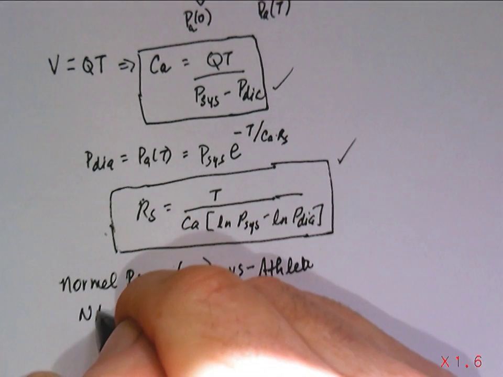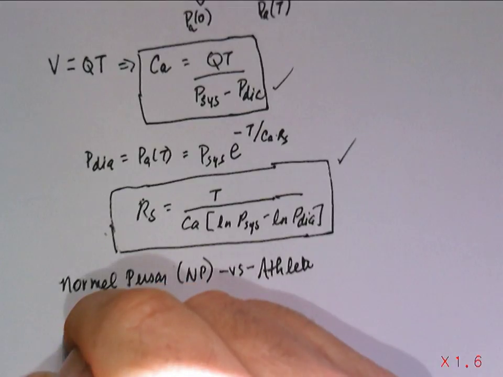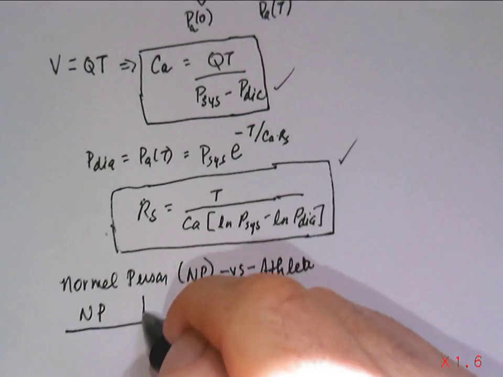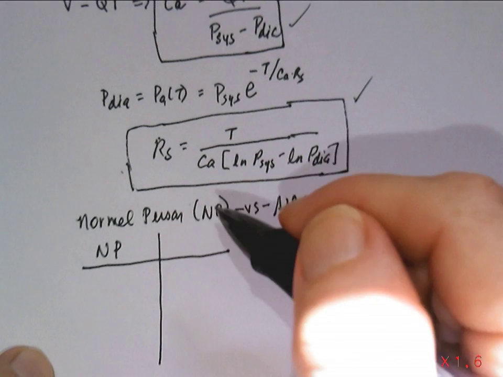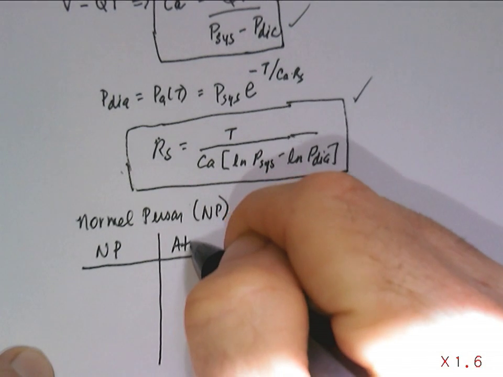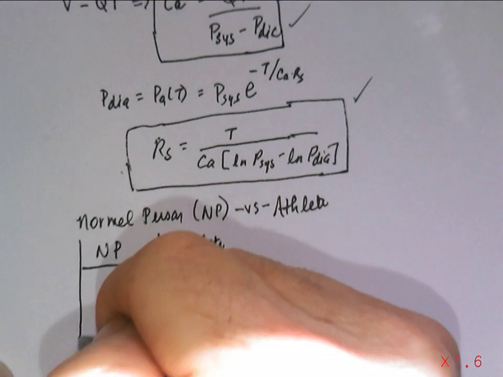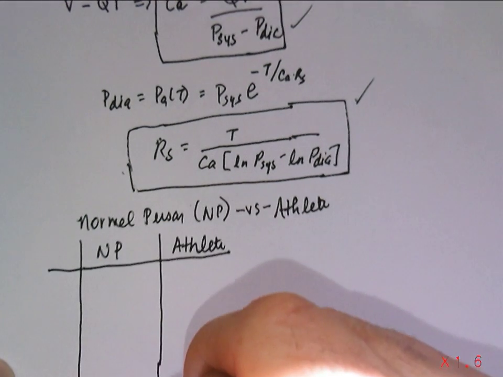We'll make two columns. We'll just look at how a normal person and an athlete would vary according to these parameters over here. So we're just making a little chart here. All right?